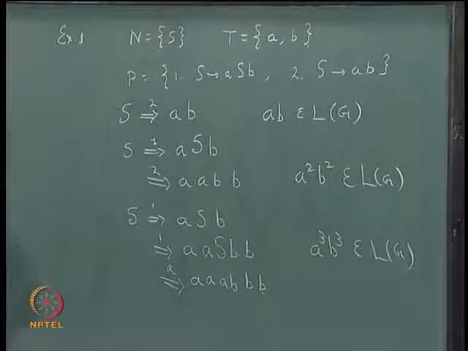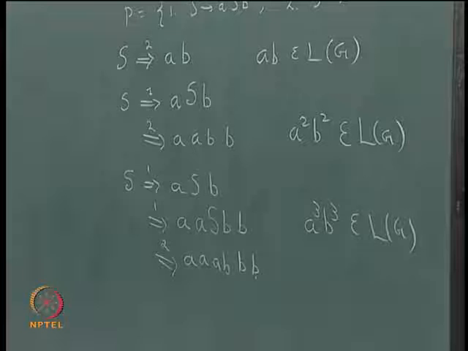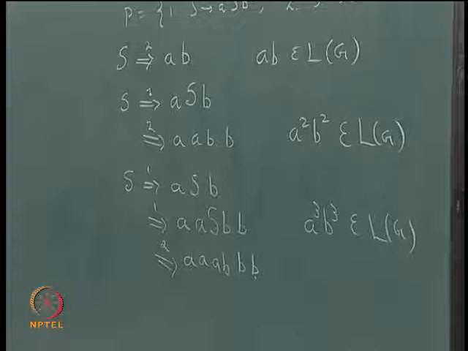Now you see the pattern. Whenever you apply rule 1, one A is generated, one B is generated. In between you have the S, and finally when you replace that S by AB, another AB is generated. So at any step you have an equal number of A's and B's, and not only that, the A's occur first and then the B's occur next.